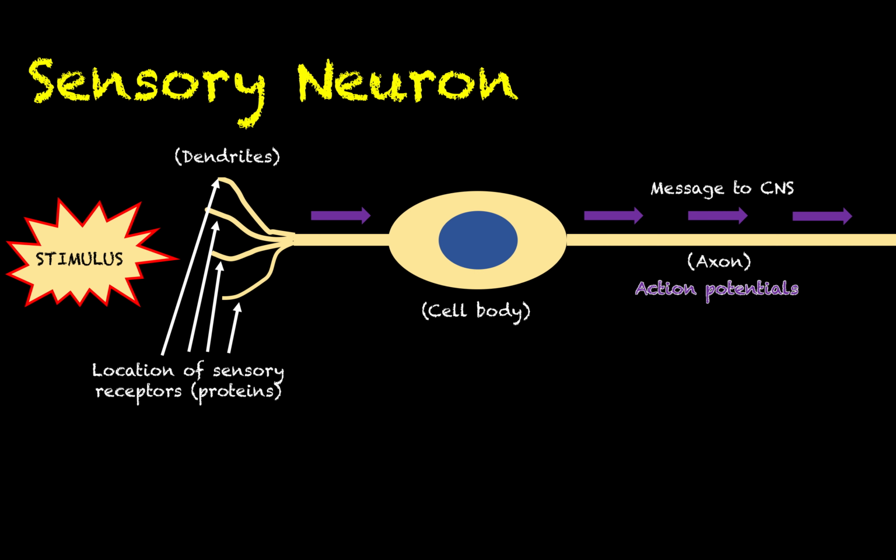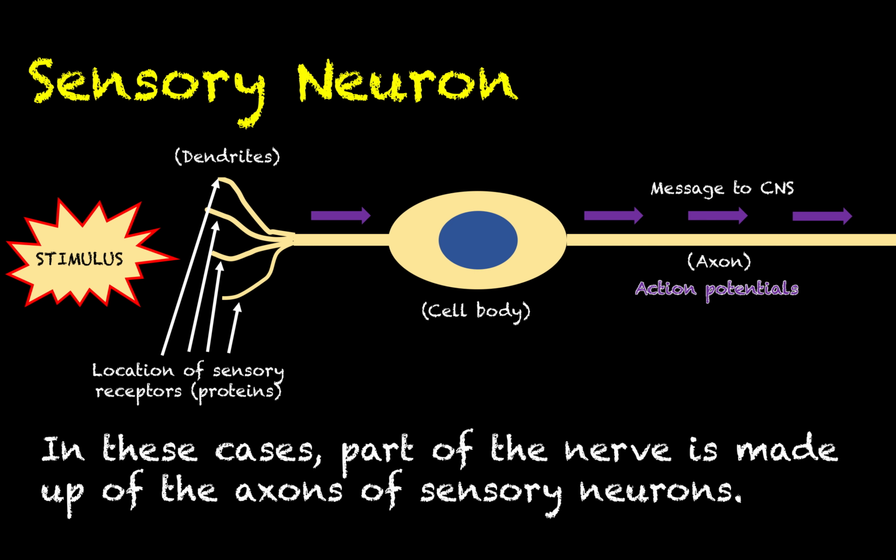The brain and spinal cord are likely a long way away from the stimulus, so the sensory neuron helps to detect the stimulus and then get that message very quickly delivered to some part of the body that will be able to coordinate some sort of battle plan for how we are going to address this stimulus, whatever it may be.